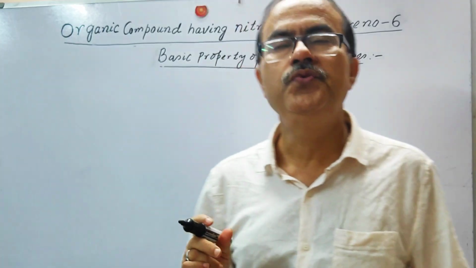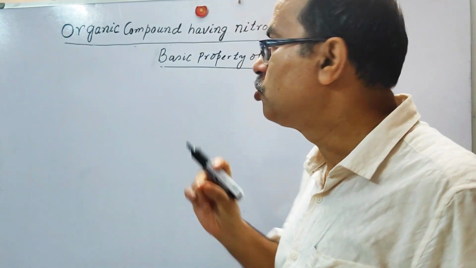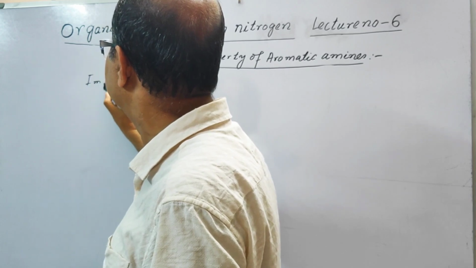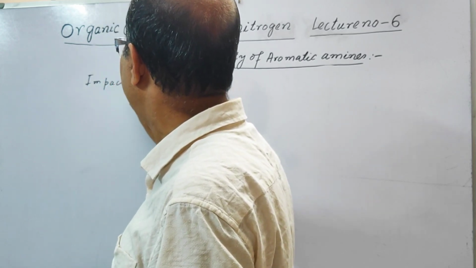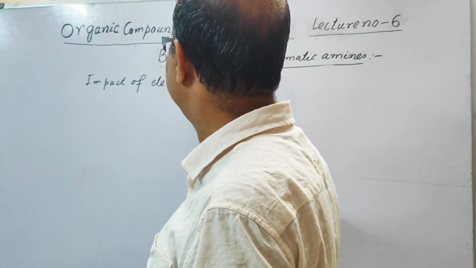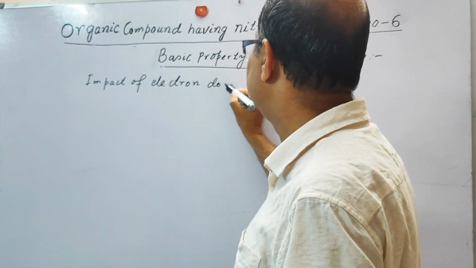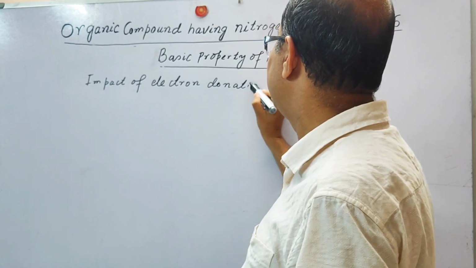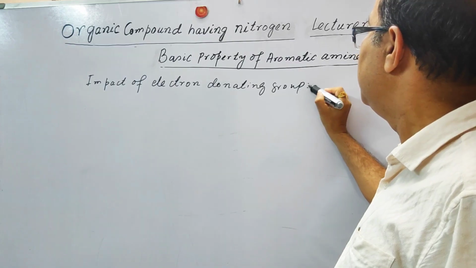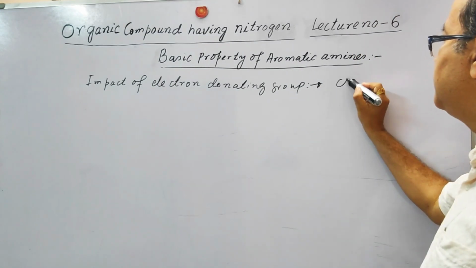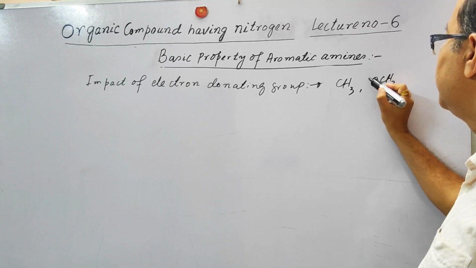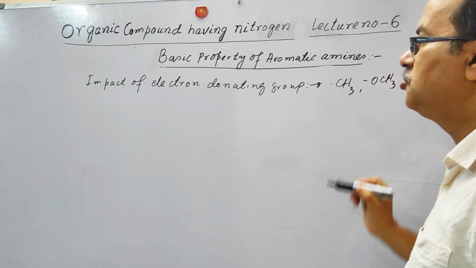Okay, we are going to discuss the impact of electron donating groups. Electron donating groups, that is CH3 methyl group or OCH3, the methoxy group.